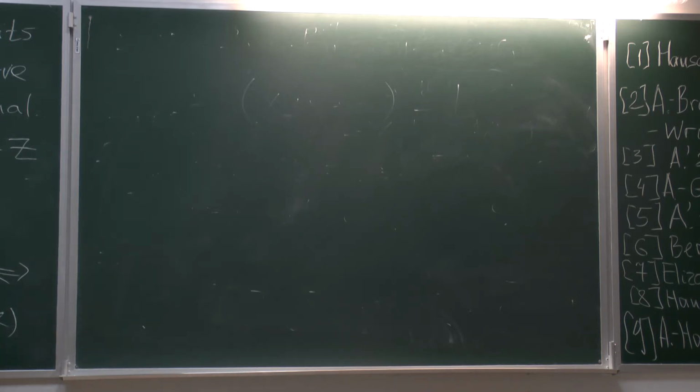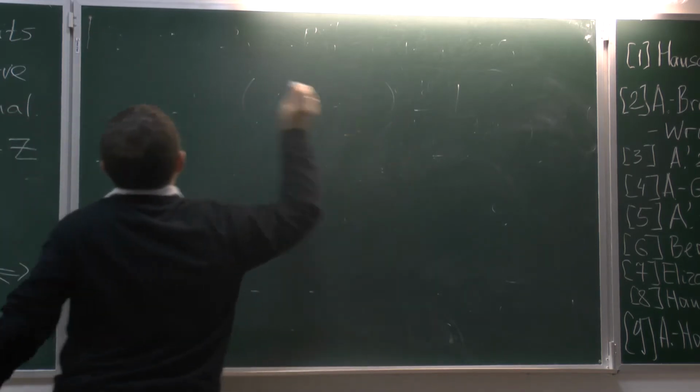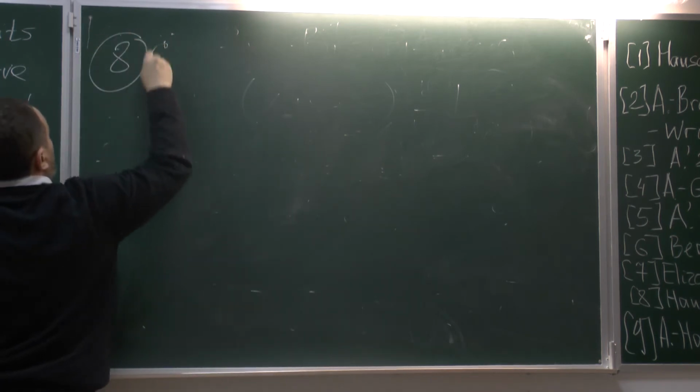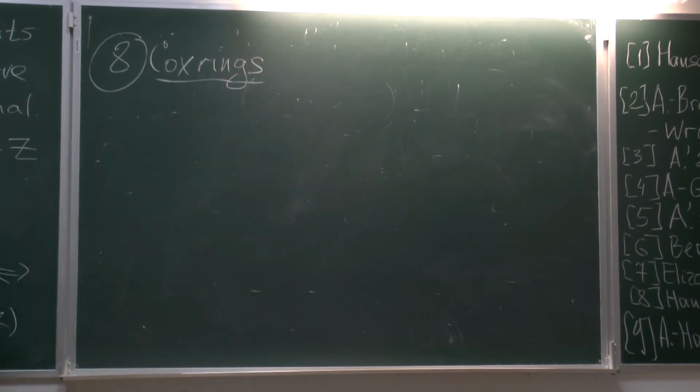All actions of complexity 1 can be obtained not necessarily from one, but from a system of trinomials. And this is what I'm going to explain now. This is about the Cox ring. The way to connect actions of complexity 1 to trinomials is to consider the Cox ring.